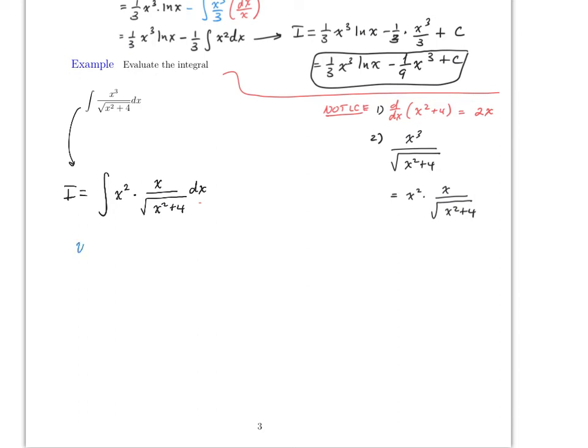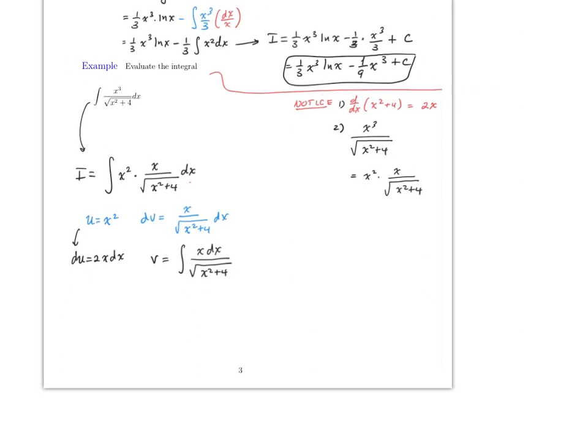Right, so then u will be x squared, and dv will be x over the square root of x squared plus 4 dx. Obviously, the easiest one is du, which is 2x dx, and v is going to be the integral of x dx over the square root of x squared plus 4.